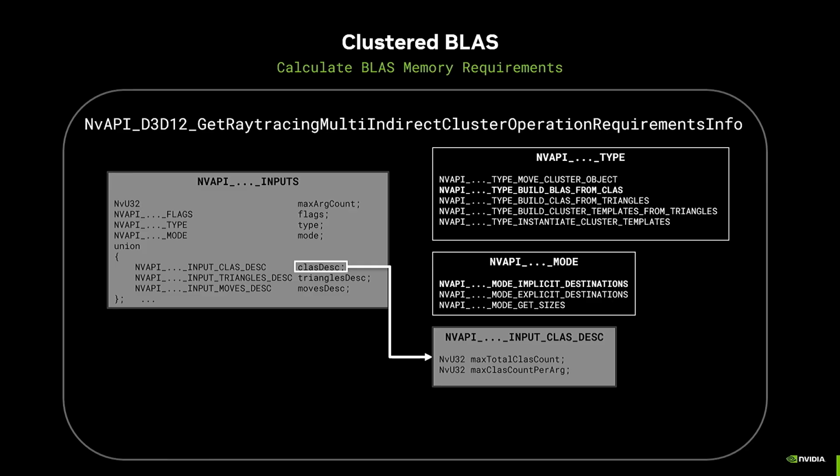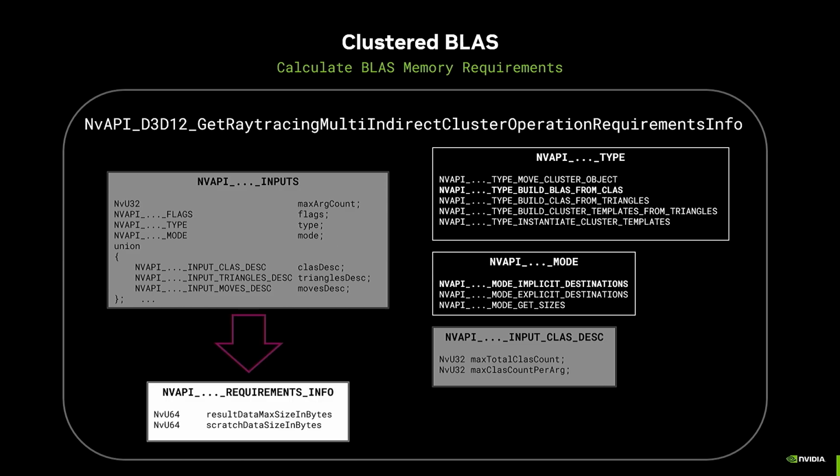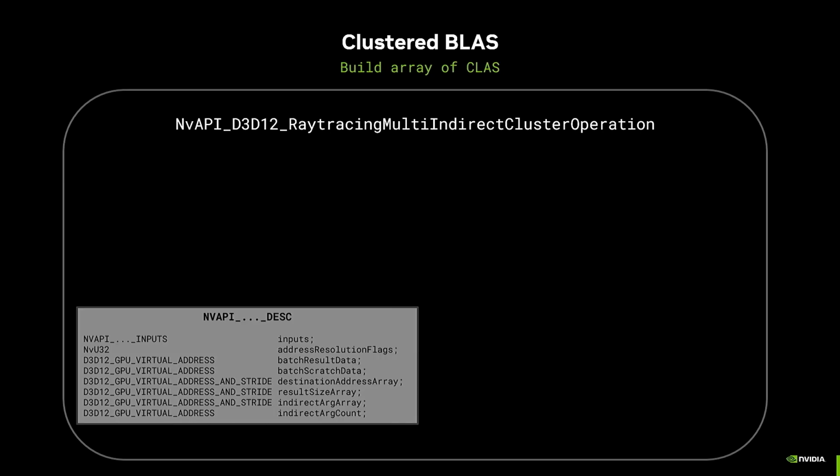This being split this way is very useful because often you're in the case where you build a max of like 1 million CLASs, and then you build a max of like 10,000 BLASs out of those, but you don't know how they're distributed. This way you can do this because there's a max total amount of CLASs, so the memory calculation can actually give a very reasonable upper bound to the memory consumption, even without knowing how the CLASs end up distributed across all the cluster BLASs. And then you get the same requirements info back out.